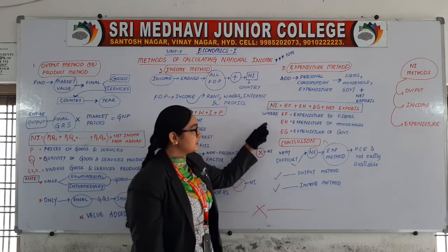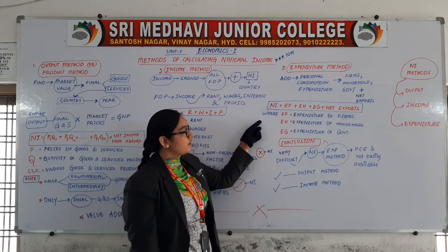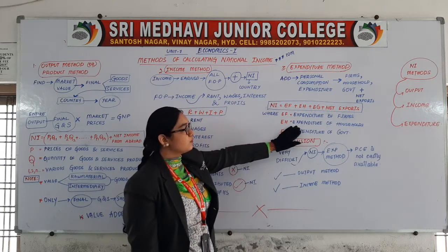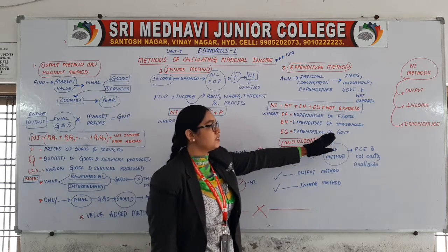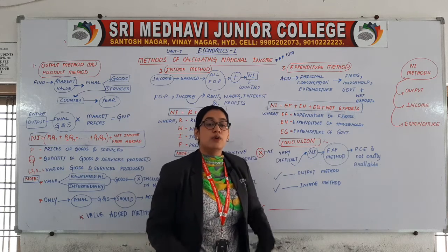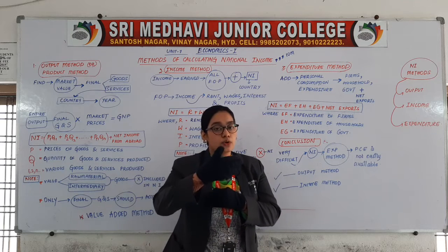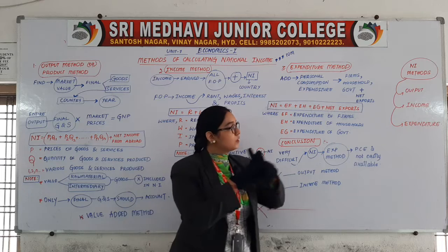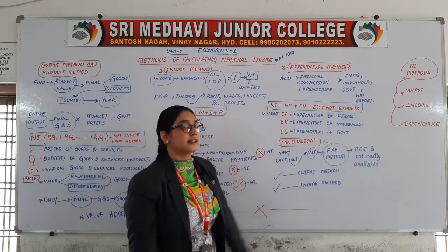Now let us see what is the meaning of EF, EG and EH, where EF is the expenditure of firms, EH is the expenditure of households and EG is the expenditure of government. What we are doing? Expenditure of firms, households and government is added with net exports in order to get the national income.